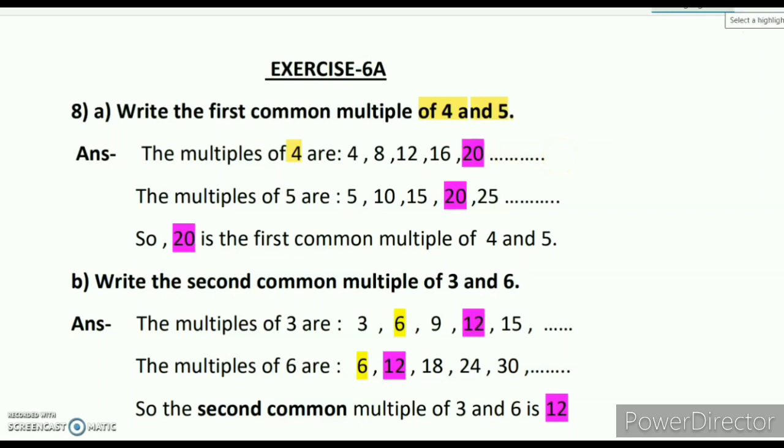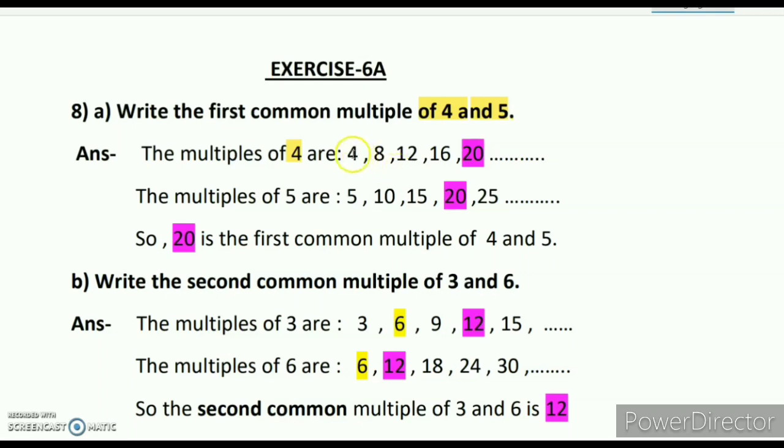Then we will write all the multiples of 5. 5 1s are 5, 5 2s are 10, 5 3s are 15, 5 4s are 20, 5 5s are 25, and so on.